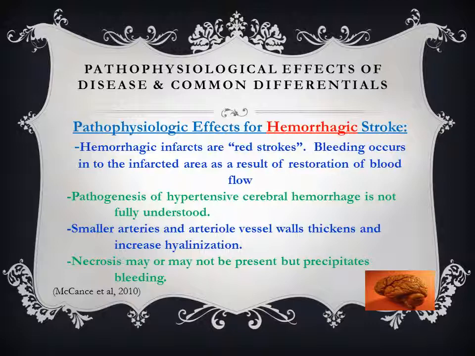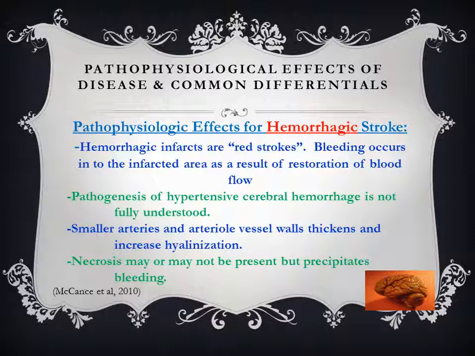Now let's talk about the pathophysiologic effects for hemorrhagic strokes. A hemorrhagic infarct is considered a red stroke, where bleeding occurs into the infarcted area as a result of restoration of blood flow. The pathogenesis of hypertensive cerebral hemorrhages is not fully understood. Smaller arteries and arterial vessel walls thicken and increase hyalinization.